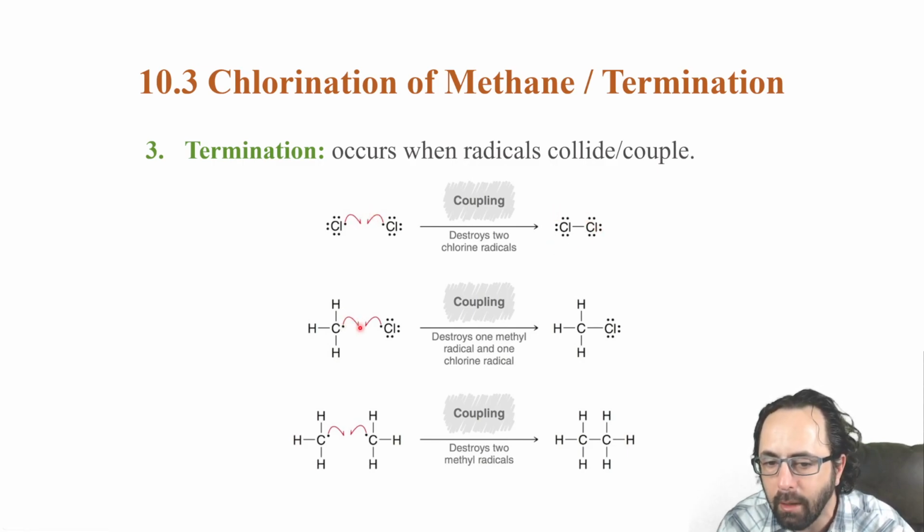If the methyl radical and the chlorine radical encounter each other, each of these two radical electrons can go into creating a bond between carbon and chlorine. And if two methyl radicals encounter each other, each of these two electrons can go into creating a bond between the two carbon atoms.